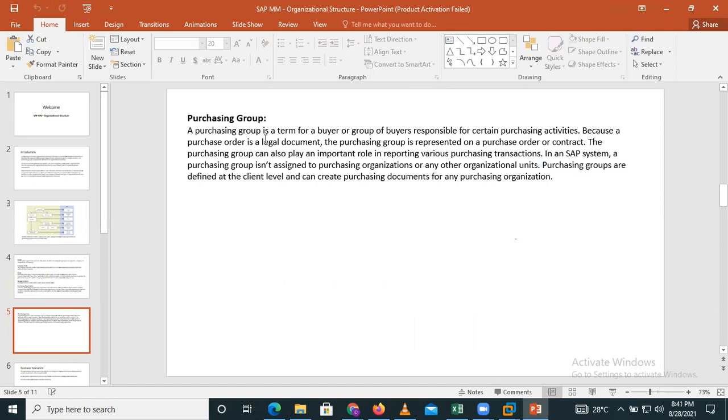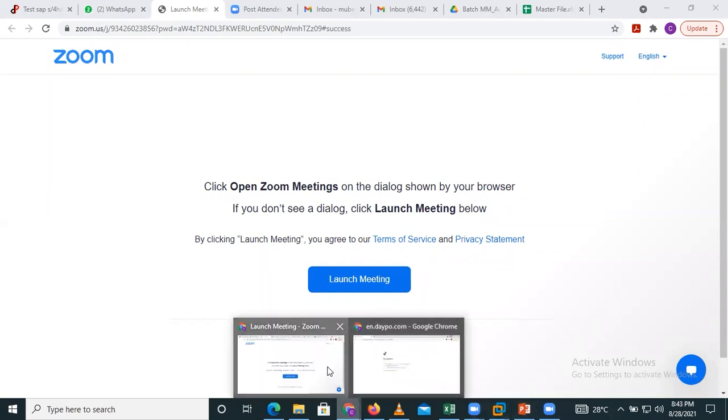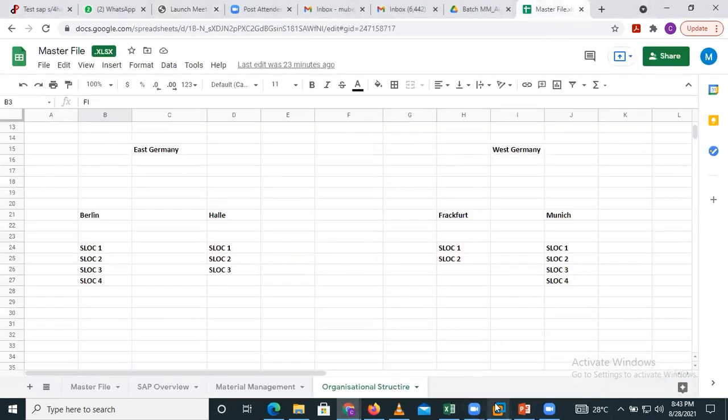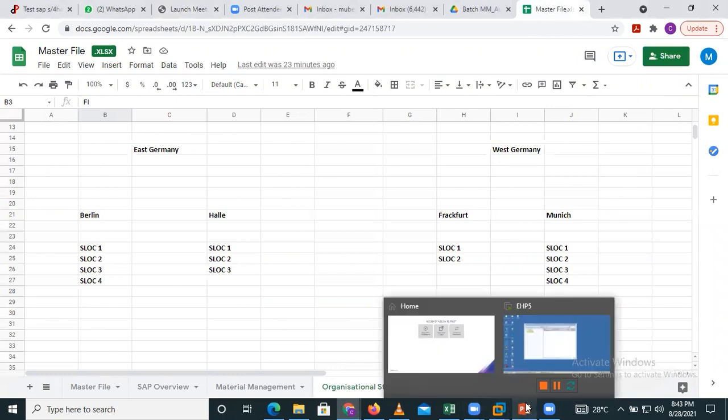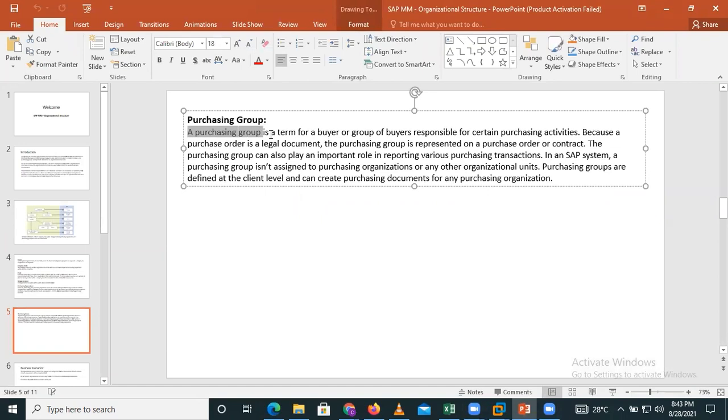So what is meant by purchasing group? A purchasing group is a term for a buyer or group of buyers responsible for certain purchasing activities.